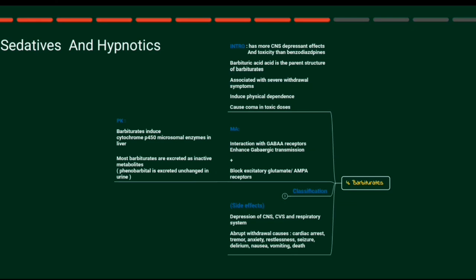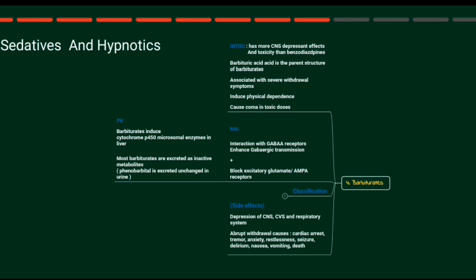The pharmacokinetics of barbiturates is that they induce cytochrome P450 microsomal enzymes in the liver, and most barbiturates are excreted as inactive metabolites, except for phenobarbital, which is excreted unchanged in the urine.